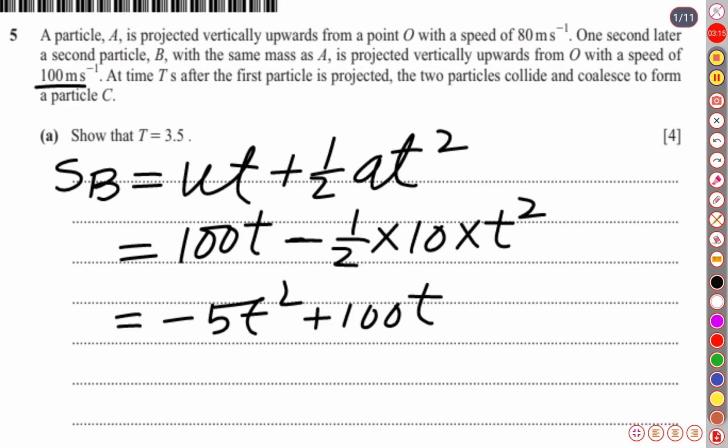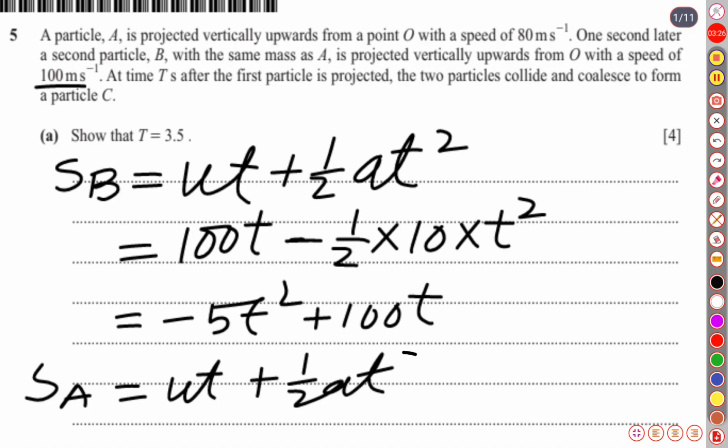Then for particle A, the same concept. So what formula? ut plus half at squared.